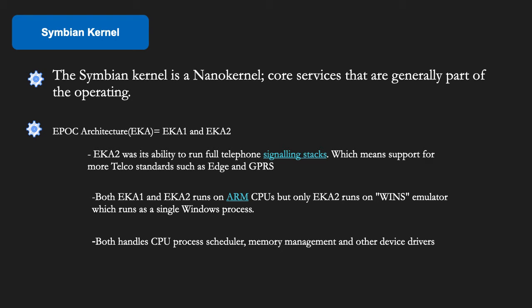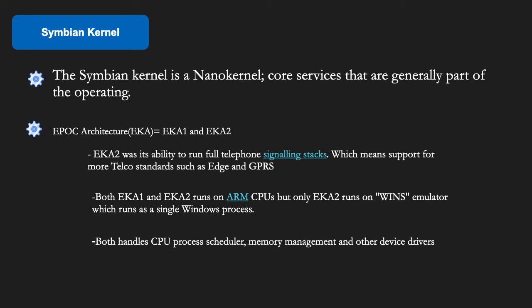But the important difference between EKA1 and EKA2 is the ability of EKA2 to run in the Wins emulator, which runs as a single Windows process. This is very important, particularly to developers of third-party applications for Symbian, because they can now simulate the Symbian operating system on top of the Windows OS.